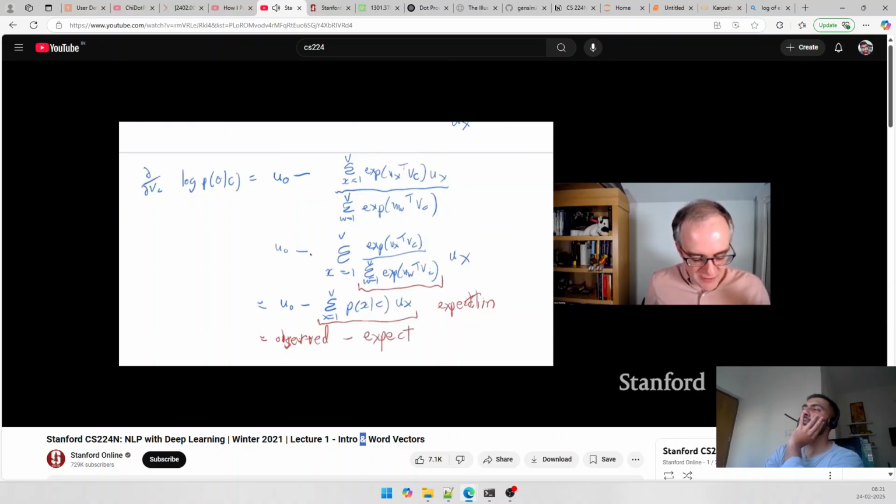So our model is good if our model on average predicts exactly the word vector that we actually see. And so we're going to try and adjust the parameters of our model so it does that as much as possible.